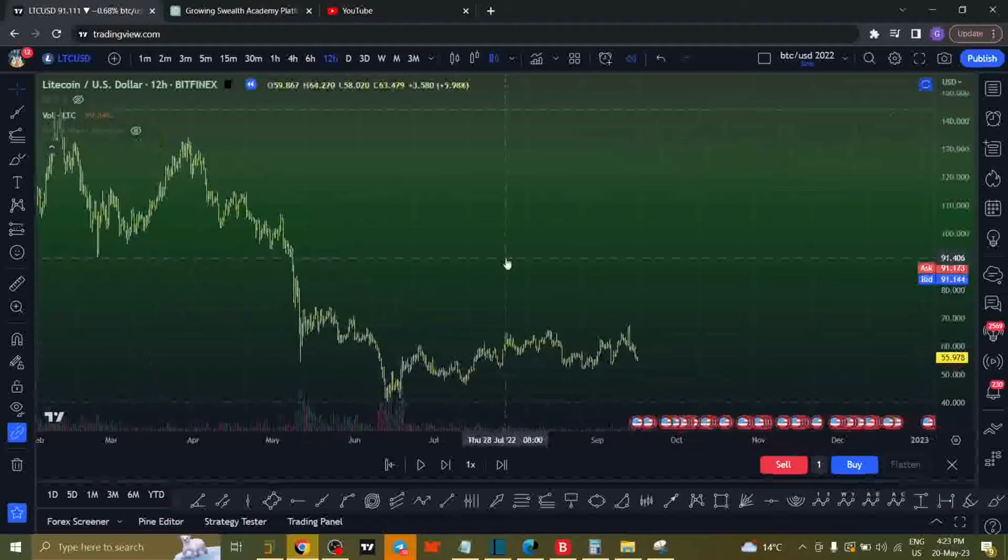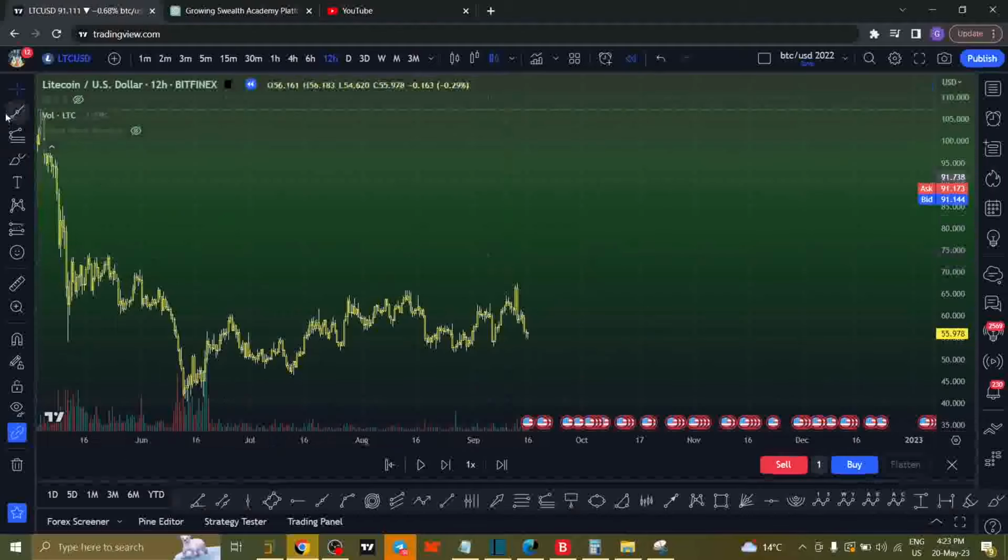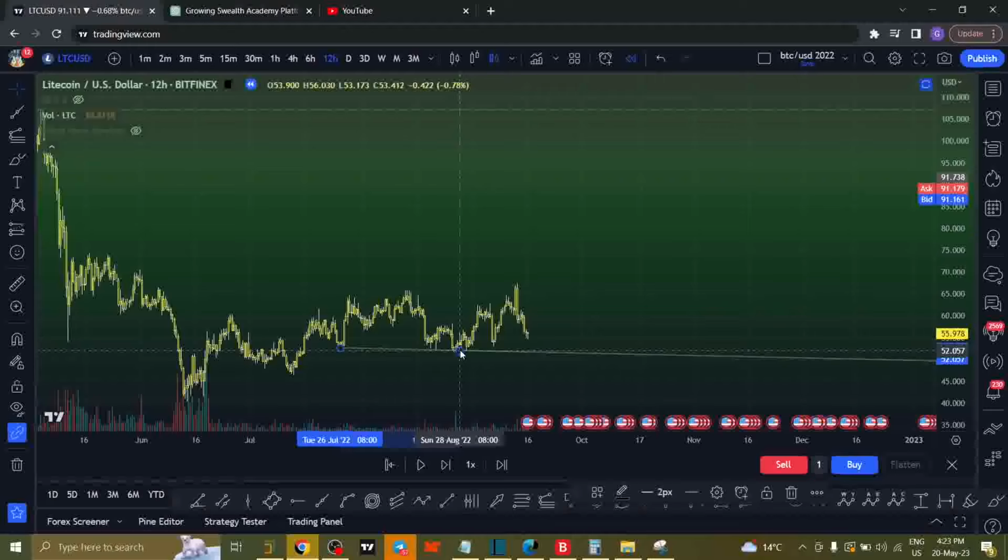Now the way that you want to draw these support levels and resistance levels is by gathering 2 pivot points. So you can take whatever pivot point as long as you have 2 connected. I'm going to be using my ray tool right over here. I'm going to take this level right here and connect it to these lower lows right over here, just like that.